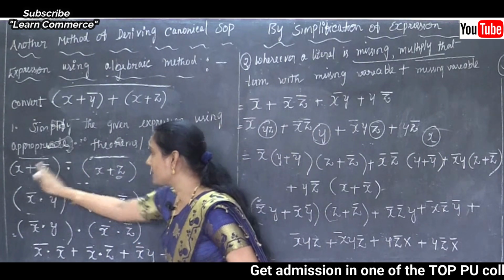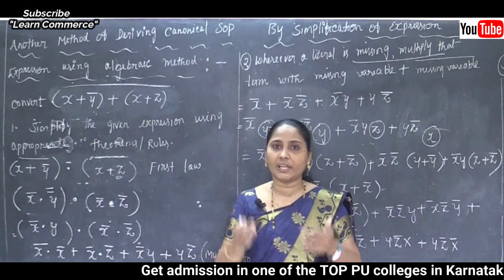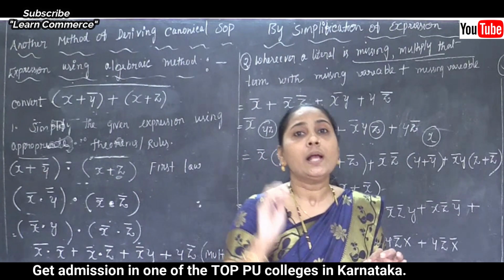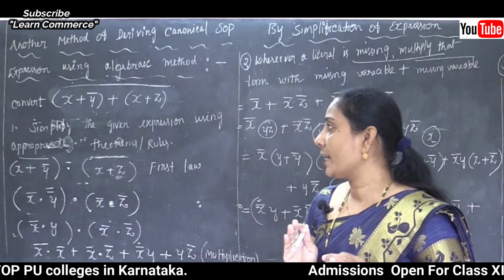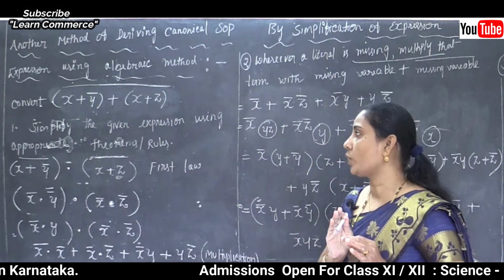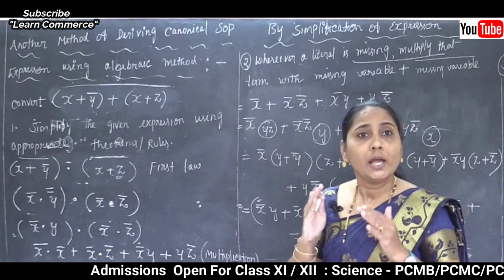Also some plus signs are there between our variable literals x plus complement of y and also x plus z. Later I am going to change them step by step.